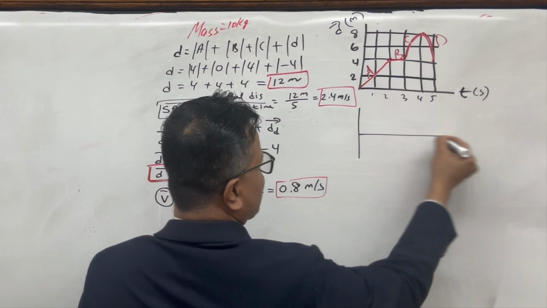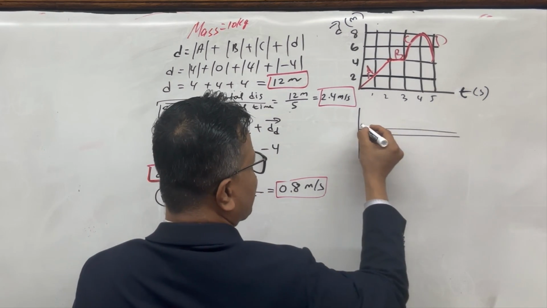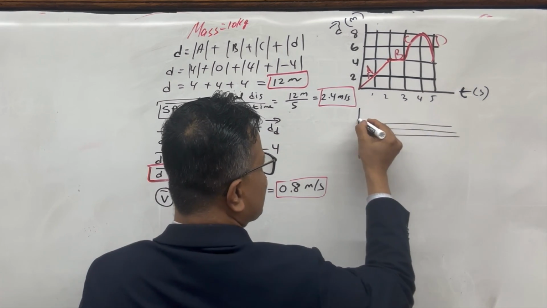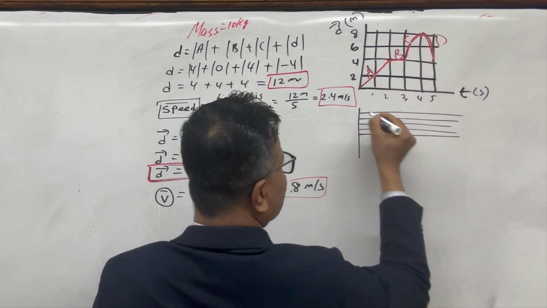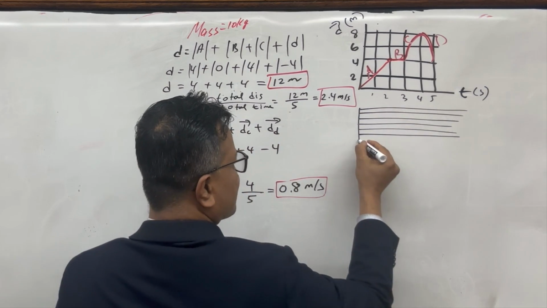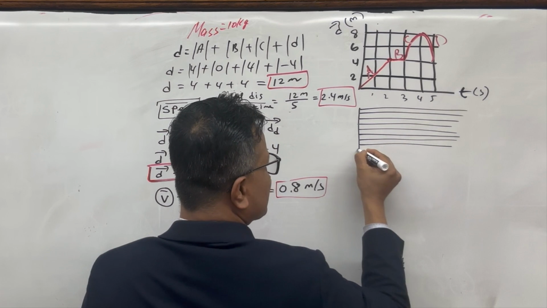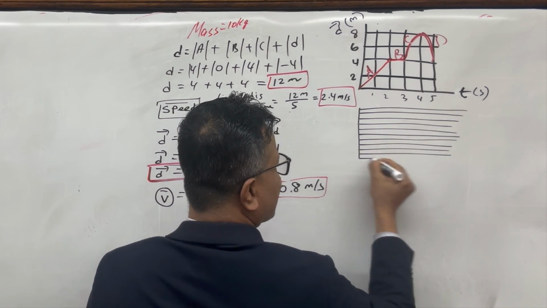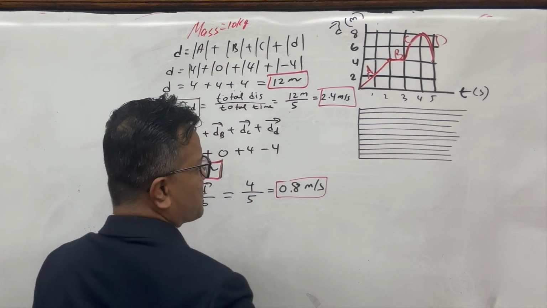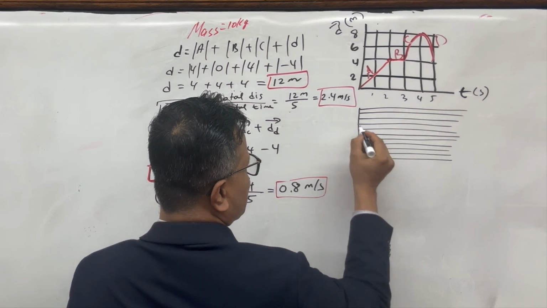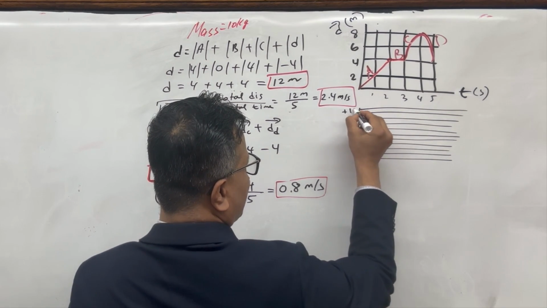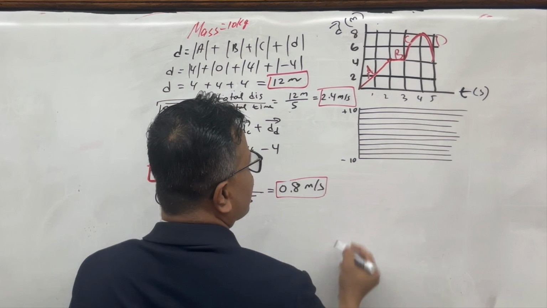This is 2, 4, 6, 8, 10. 2, 4, 6, 8, 10. We don't know how much it takes, but let's just put positive 10 and negative 10.